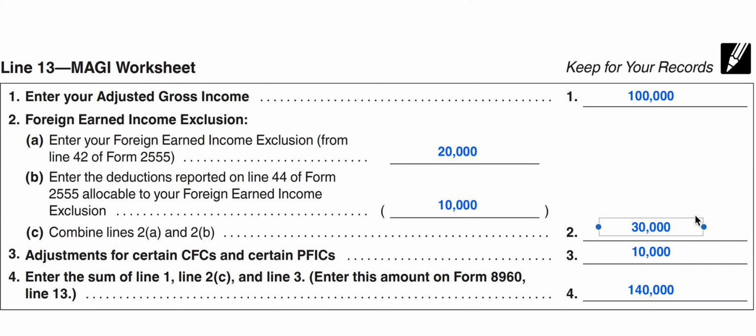So the first adjustment is to decrease your AGI by the amount of any Section 951(a) or Section 1293(a) inclusions.